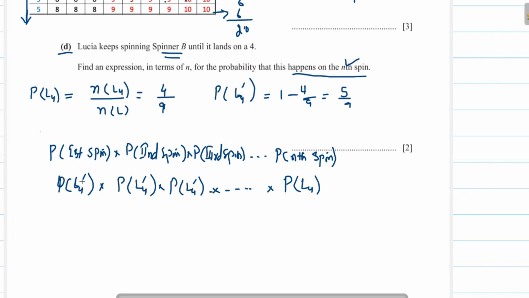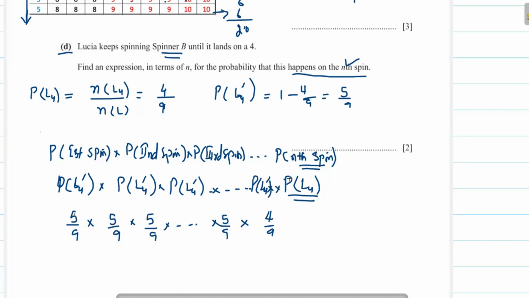Therefore, the probability of L4 dash is 5 over 9 multiplied by 5 over 9 multiplied by 5 over 9, and so on. The last value will be 4 over 9, and before this the values are probability of L4 dash, because the n minus 1 spins are not landing 4.